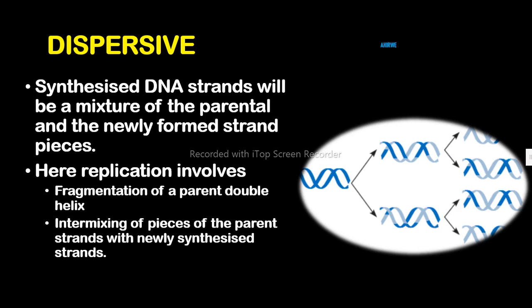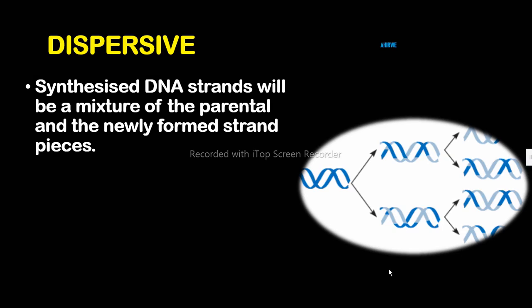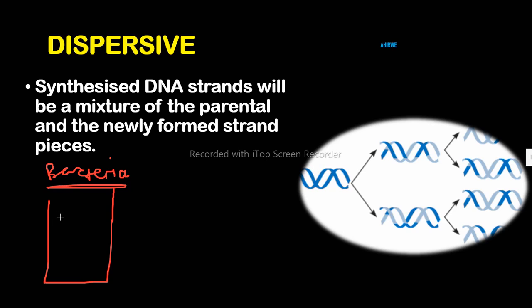However, it is going to be kind of technical, but if you get your bacterial cells, your bacteria, that are replicating, and then you first put them in culture solutions containing nitrogen isotopes.